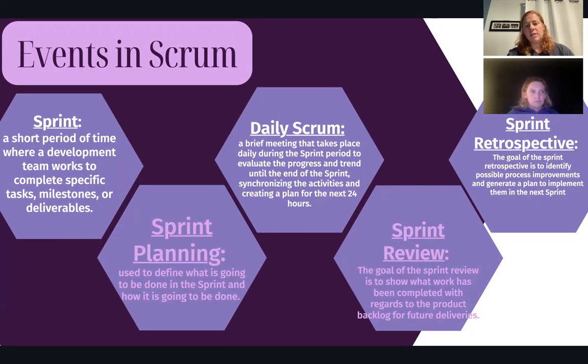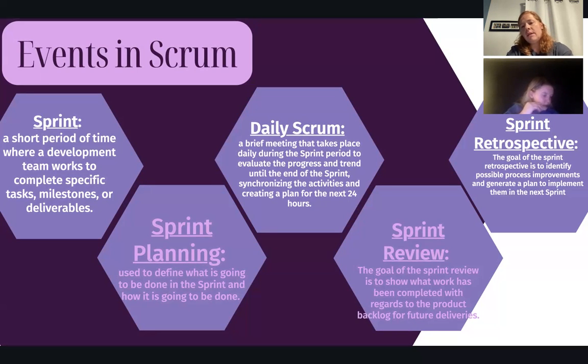Then you have a daily scrum, which is the brief meeting that takes place during each sprint period to evaluate the progress, see how things are going, and synchronize the activities for creating a plan for the next 24 hours. And then you have a sprint review, and that is used to show what work has been completed in regards to the backlog and future deliverables.